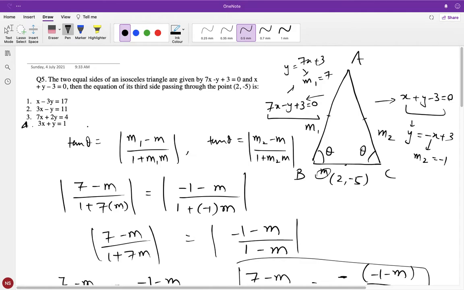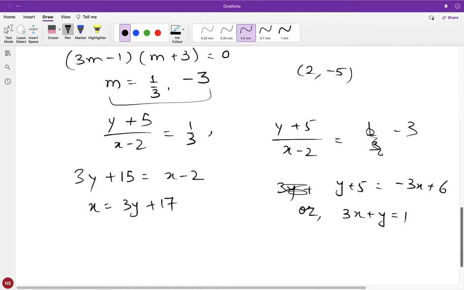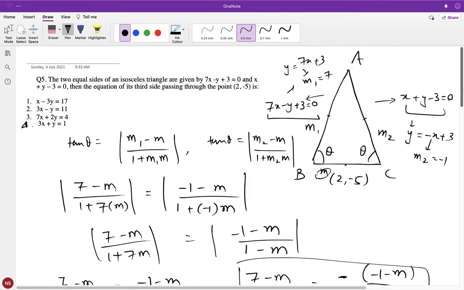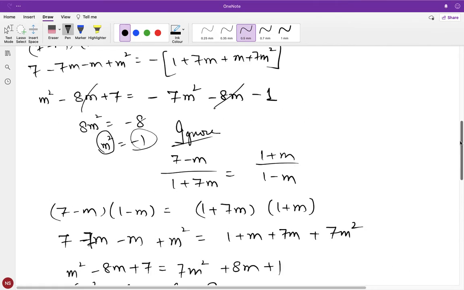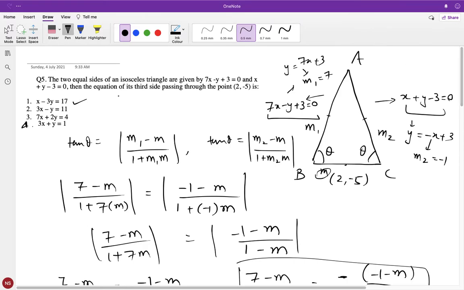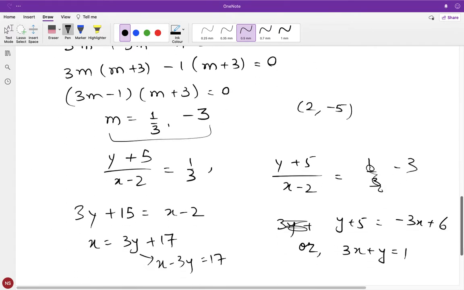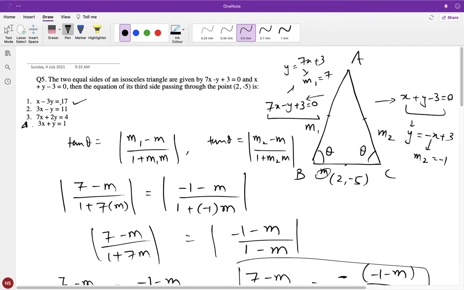So 3x plus y is 1 and x equals to 3y plus 17, or x minus 3y is equals to 17, right? You can write this from that. X minus 3y is 17 and 3x plus y is equals to 1, that is also there.